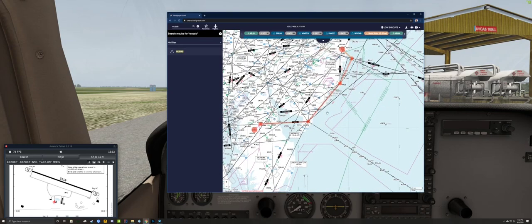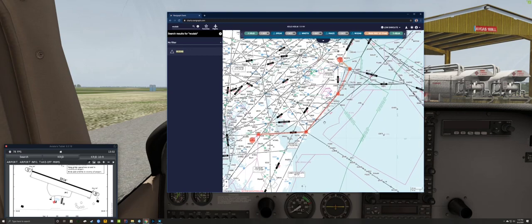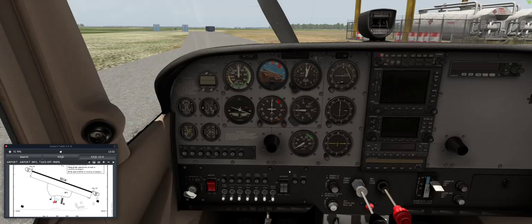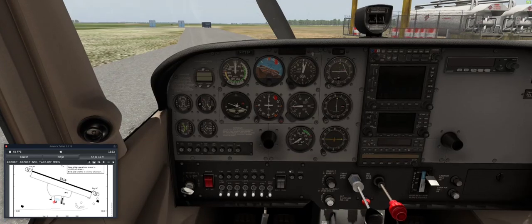We're going to do GPS, so I'm going to program it in as its GPS waypoint, Winston. If we did this in SimBrief, obviously you'd be able to export that and load it in. That would simplify things for you a little bit.